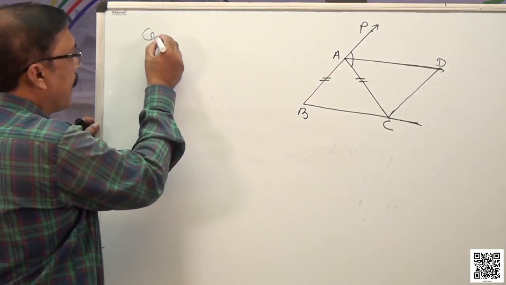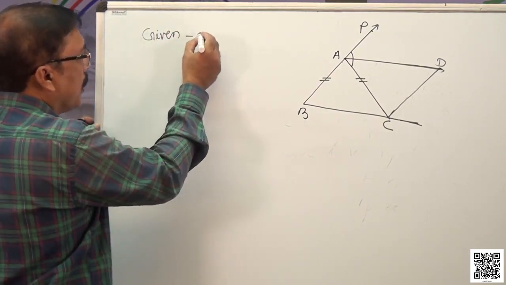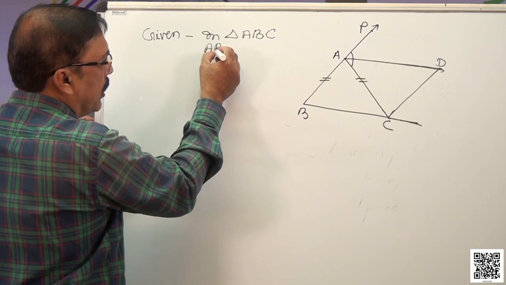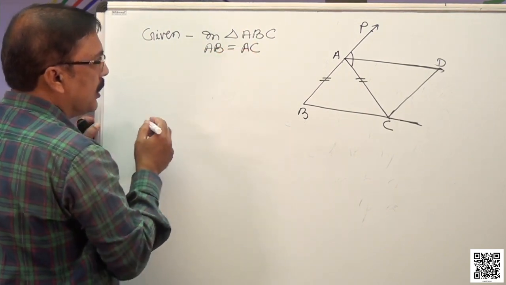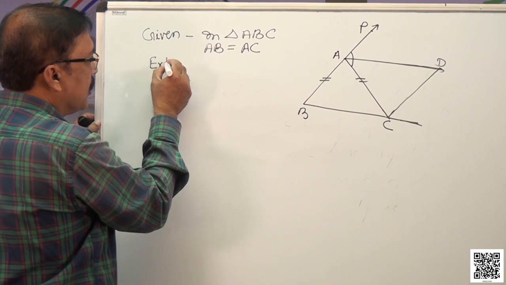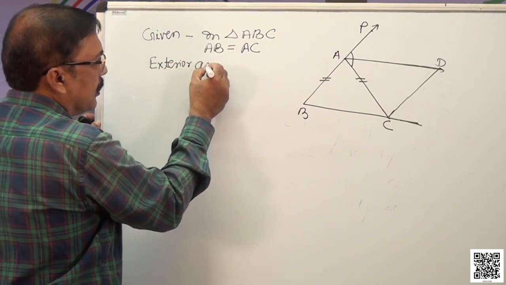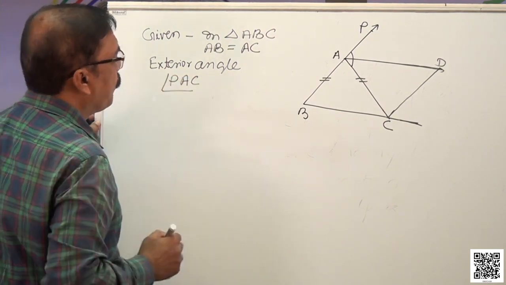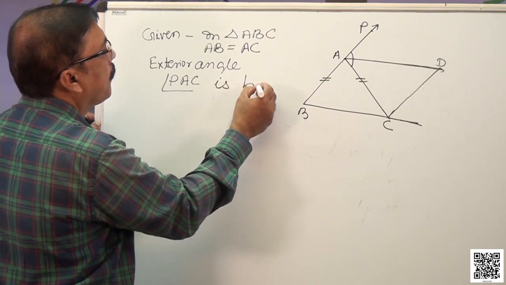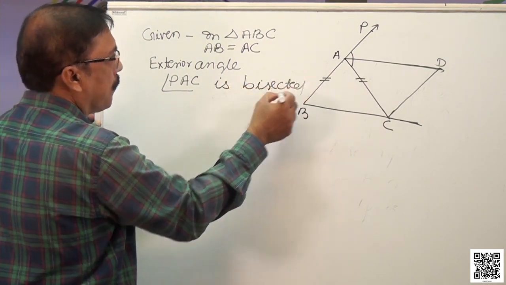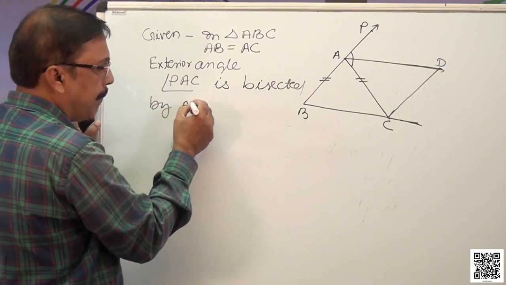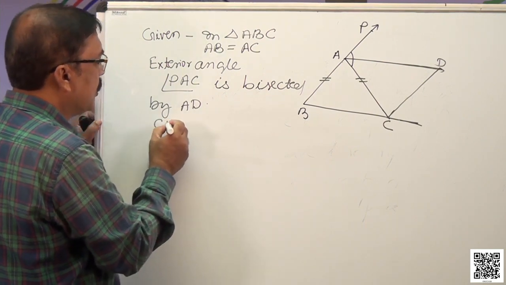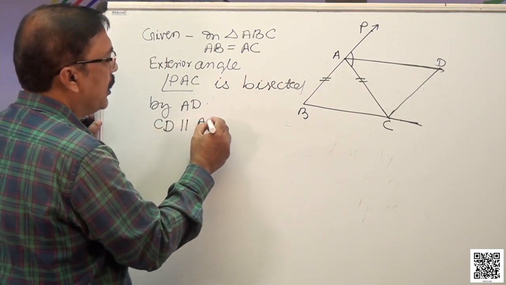So, here we can say what is given: in triangle ABC, AB is equal to AC, exterior angle PAC is bisected by AD, and CD is parallel to AB.